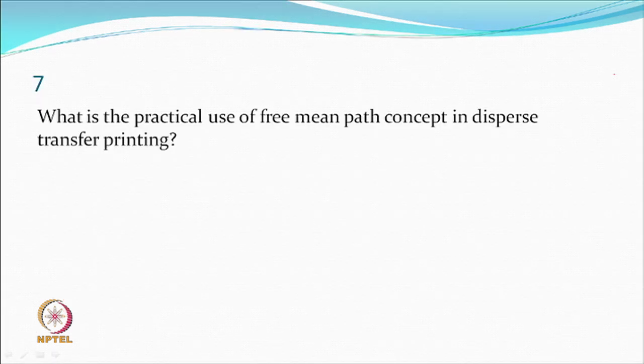There was another question: what is the practical use for the free mean path concept in disperse transfer printing? Well, people who deal with the molecules would like to characterize the behavior of every molecule in any phase that you want to test it out.